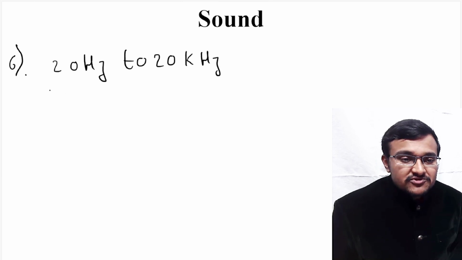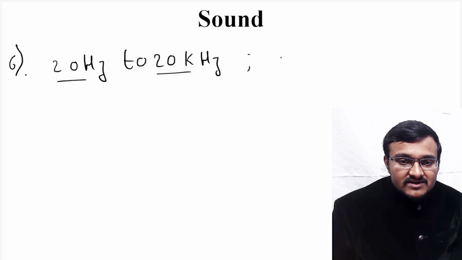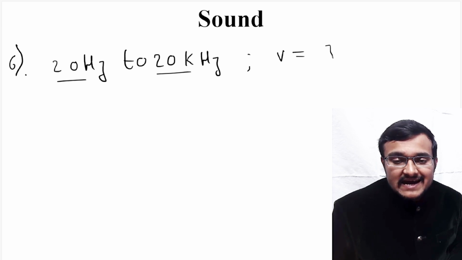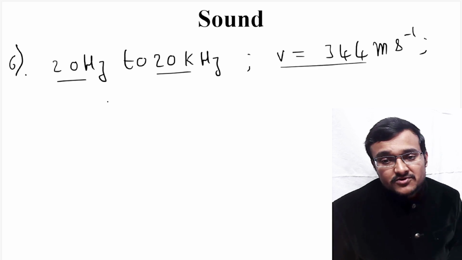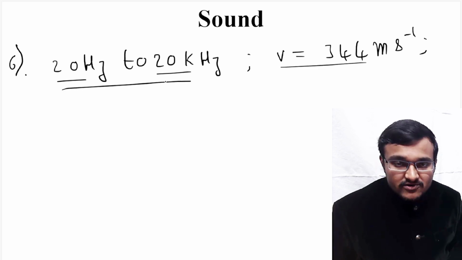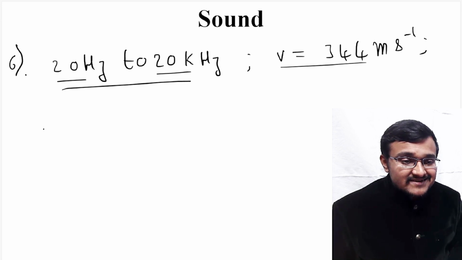So that means you have to calculate wavelength range for this particular frequency range, and you should consider the speed of sound as 344 meter per second. So here they have given speed of sound and they have also given the range of hearing of human ears, that is 20 Hertz to 20 kilohertz frequency. So now you have to calculate the wavelength.